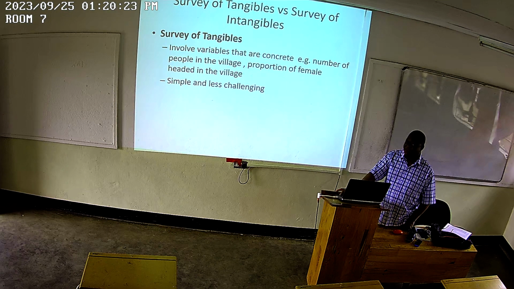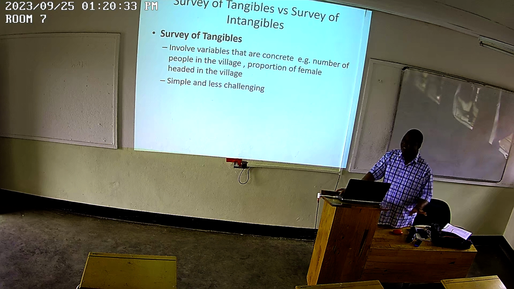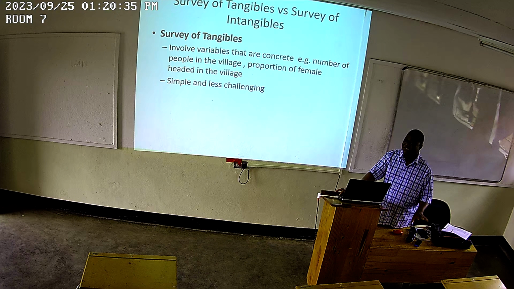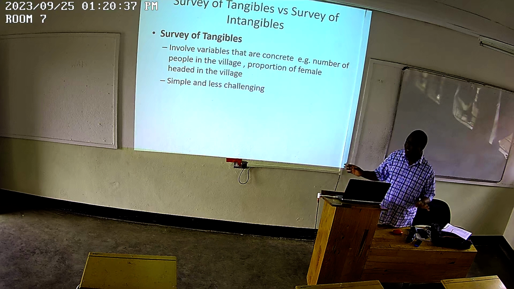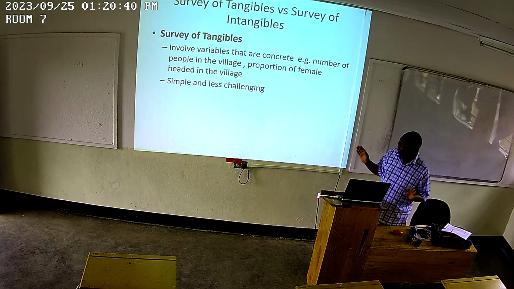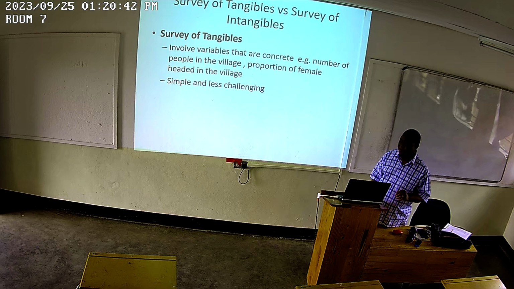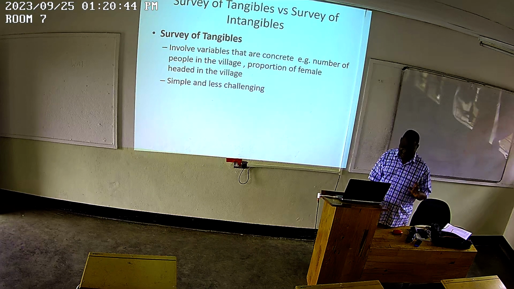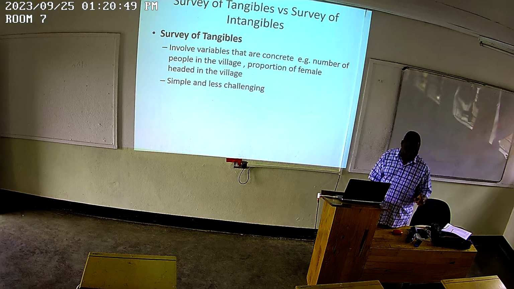Some variables are easily observable, easy to measure, they don't involve so much abstraction. For example, the other time I was talking about the concept, this is the construct, and we used the example of the chair. So that when I use the term chair, one might be thinking of this type of a chair.